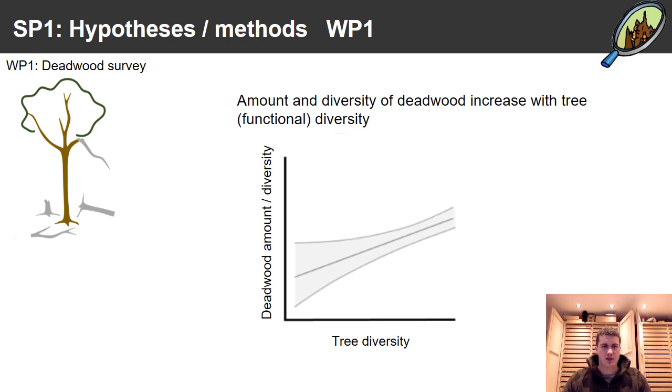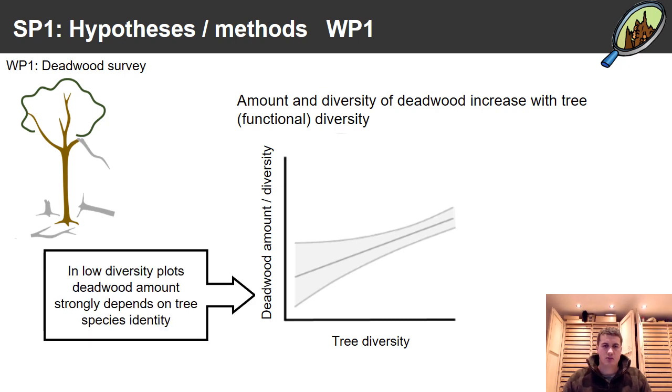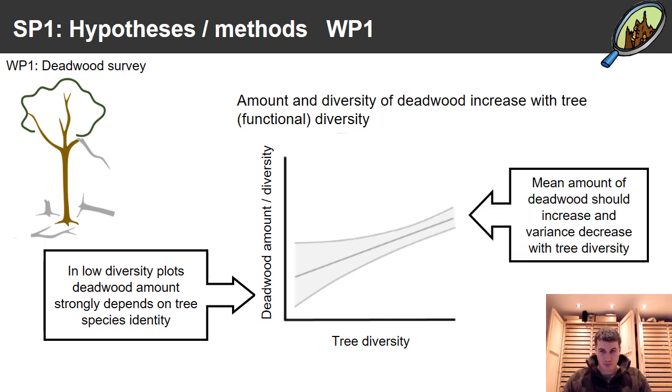The main hypothesis that will be tested in work package number 1 is that amount and diversity of dead wood increase with increasing tree functional diversity. The main mechanism behind it, which we assume, is that in low diversity plots the deadwood amount is mainly characterized by the dominant tree species, while at high diversity plots the mean amount of deadwood should increase, but at the same time the variance decrease with the increasing tree diversity.